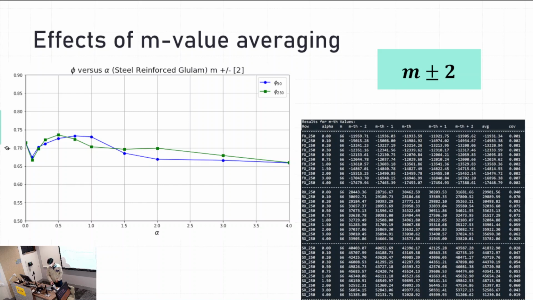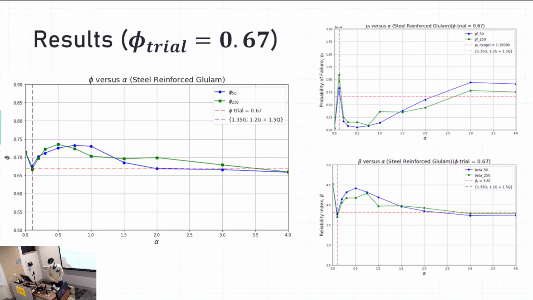And then if we take a trial phi value for glue laminated timber reinforced steel of 0.67, we get these graphs. Essentially these blue and green lines are the result of using the trial value.